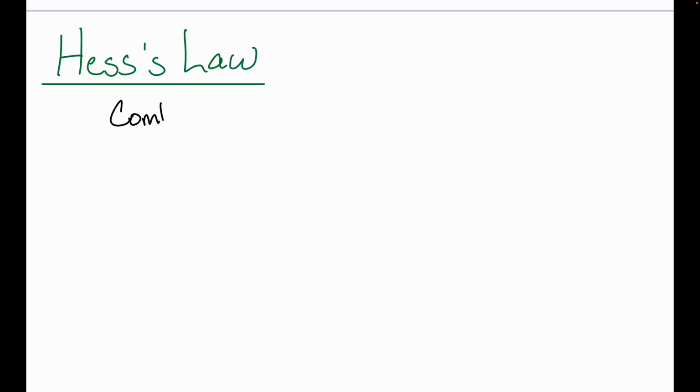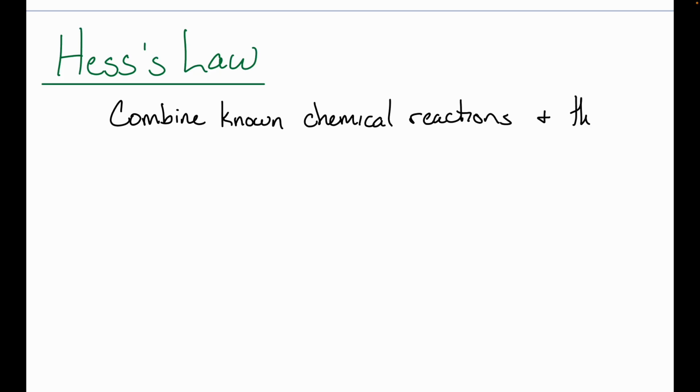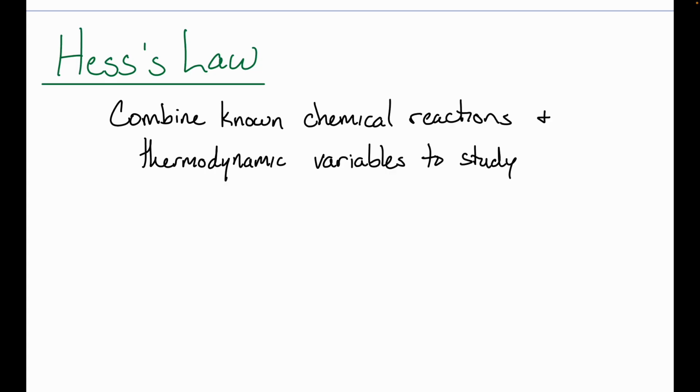Hess's law is when we combine known chemical reactions, both the chemical equations and their thermodynamic variables, and we do that in order to study some unknown reaction.